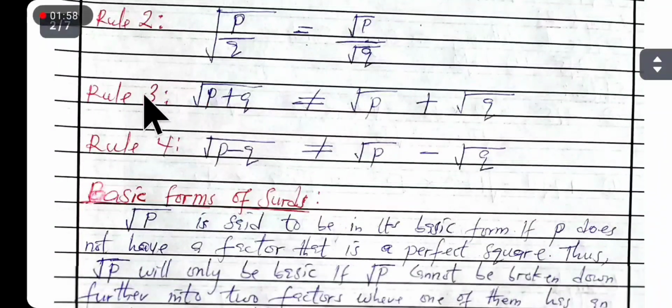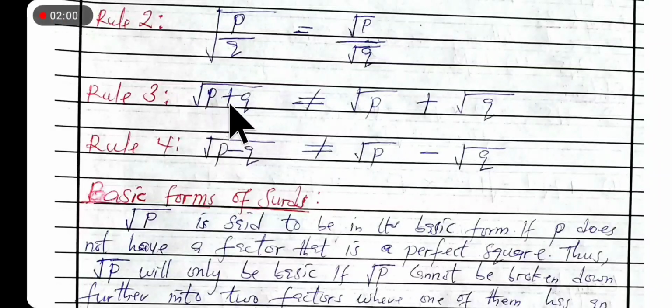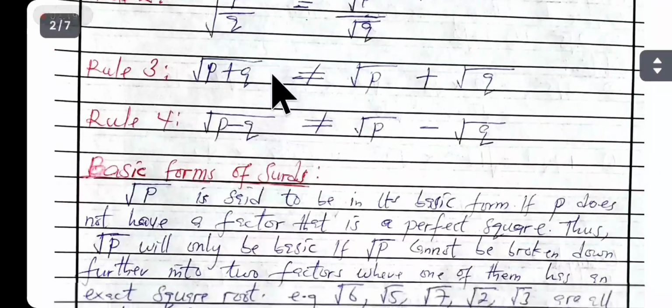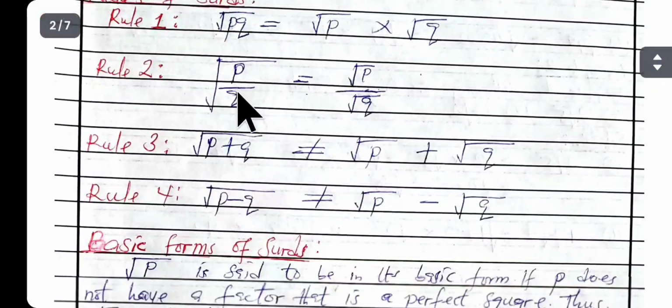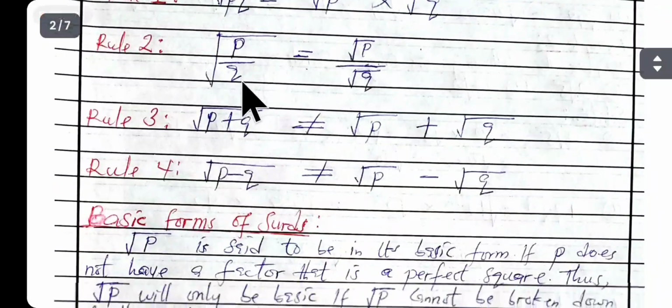Then rule 3: the single root of p plus q is not equal to root of p plus root of q. The left hand side is not equal to the right hand side. So a single root can only be split between the product of two numbers and the division of two numbers.